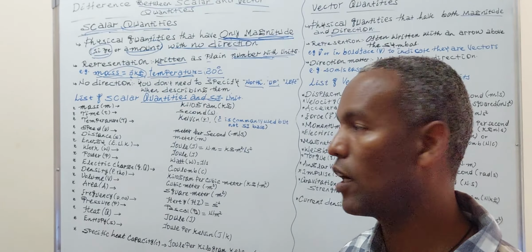Let's say the distance from A to B is 5. The SI unit of distance is meter, so we express the distance with a number and its unit.